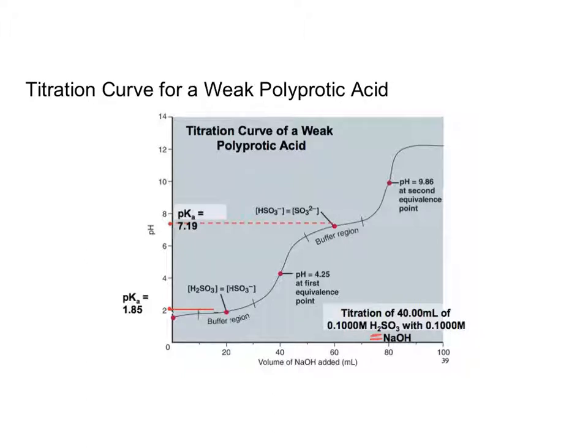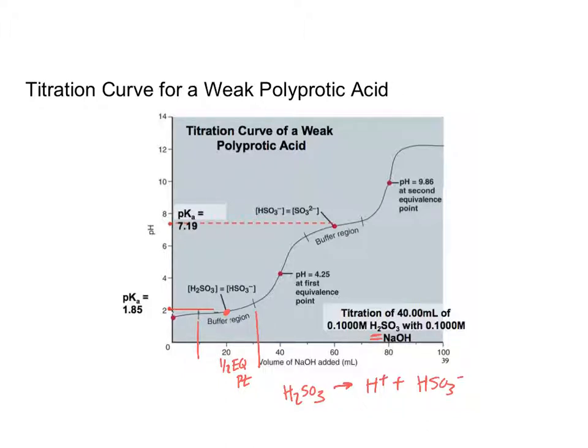In this region right here, this would be the half equivalence point for the first deprotonation. So what's happening is we are taking the H2SO3 and removing one hydrogen from it, being left with HSO3 minus. At the half equivalence point, the concentrations of those are equal.